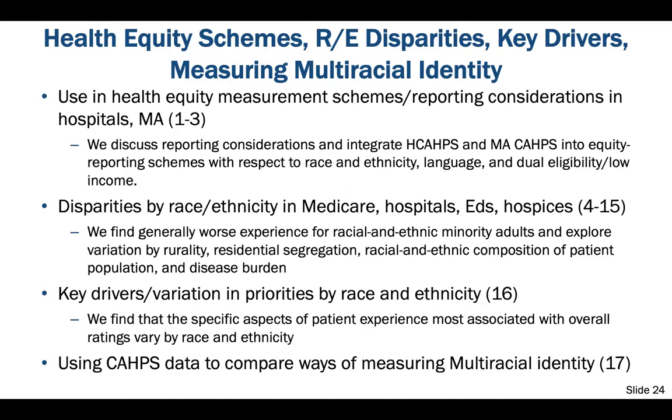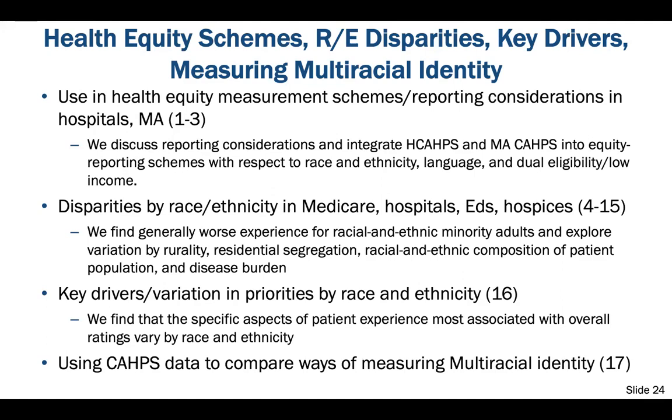We've looked at variations in key driver analyses by race and ethnicity to try to make inferences about the highest priorities for care for different groups of patients. We have also used CAHPS data to try to look at more nuanced ways that you might measure multiracial identity rather than just having a catch-all category.